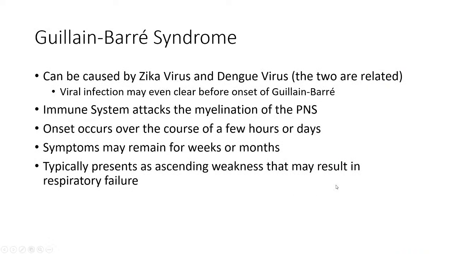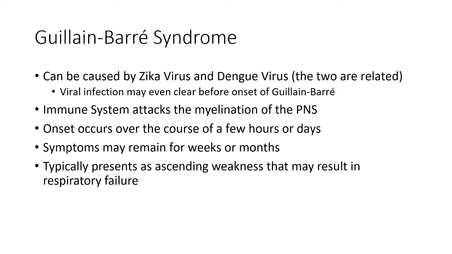All right, now Guillain-Barré syndrome is an interesting syndrome, and it actually can be caused by infection with the Zika virus or the dengue virus. The two are related. And Guillain-Barré can actually follow infection with a number of different viruses.